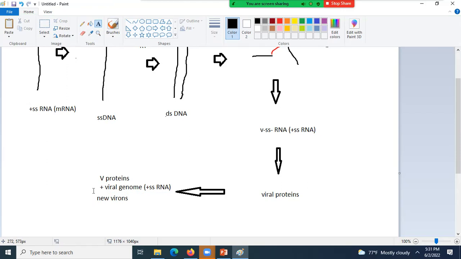And lentiviruses as well as retroviruses have an envelope, and so they will bud out of the cell. So they replicate by budding. They follow the budding life cycle.